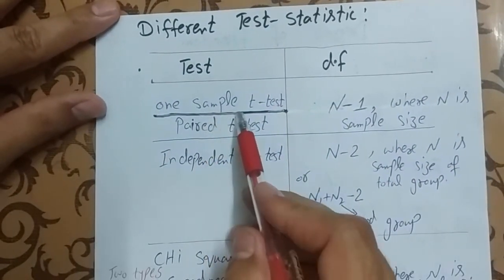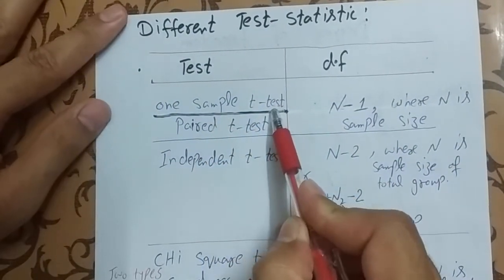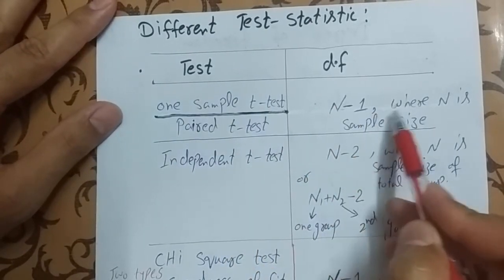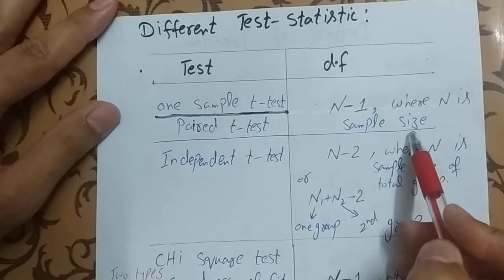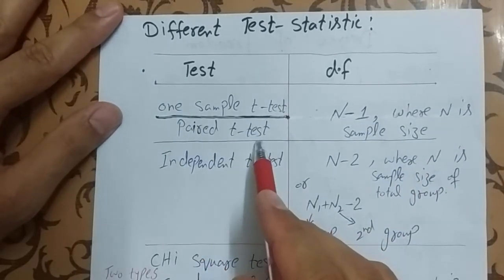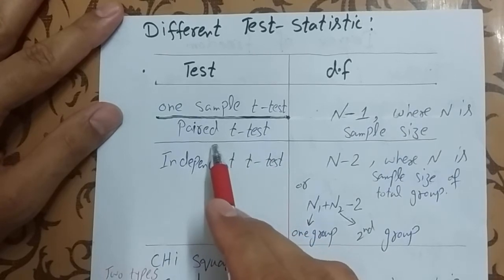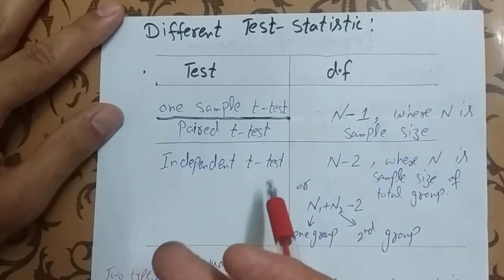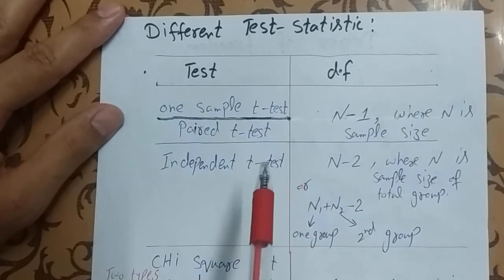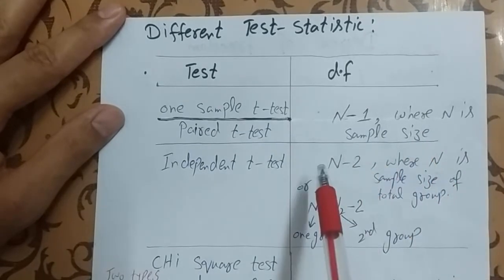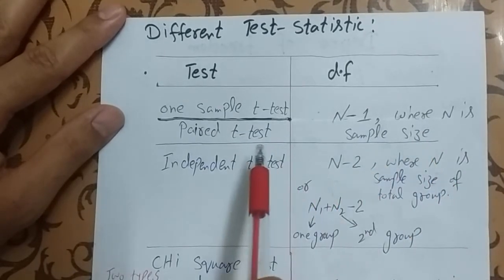For one sample t-test or paired t-test, the degree of freedom is capital N minus 1, where capital N is the sample size. In paired t-test, let's see, in one pair there are 2, but in first there are 10 samples and next is also 10 samples.